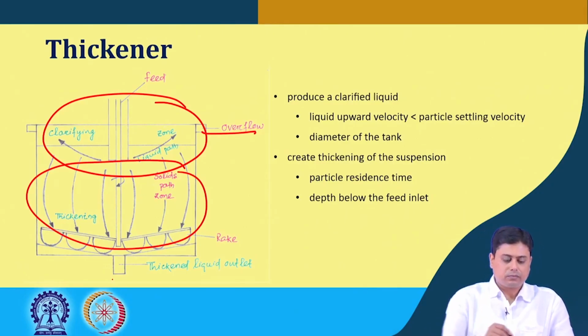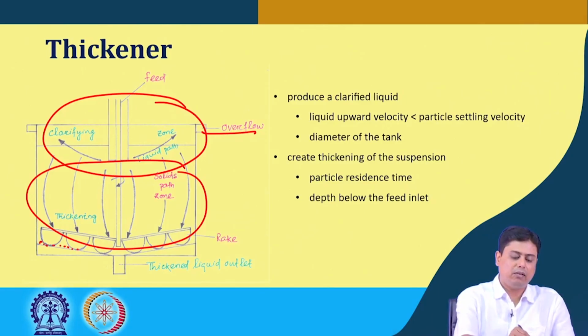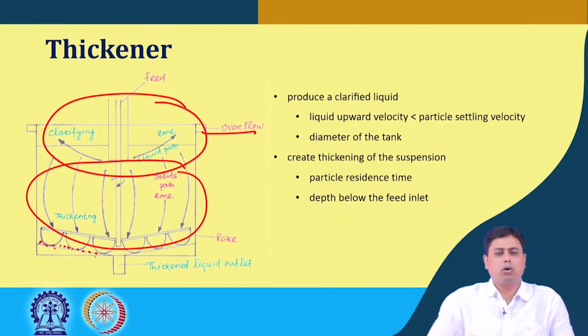There is a stirrer that moves, and the utility of this stirrer we have discussed earlier: it actually reduces the apparent viscosity of the suspension. It moves at a very slow pace and scrapes the sedimented material that falls on the bottom surface.